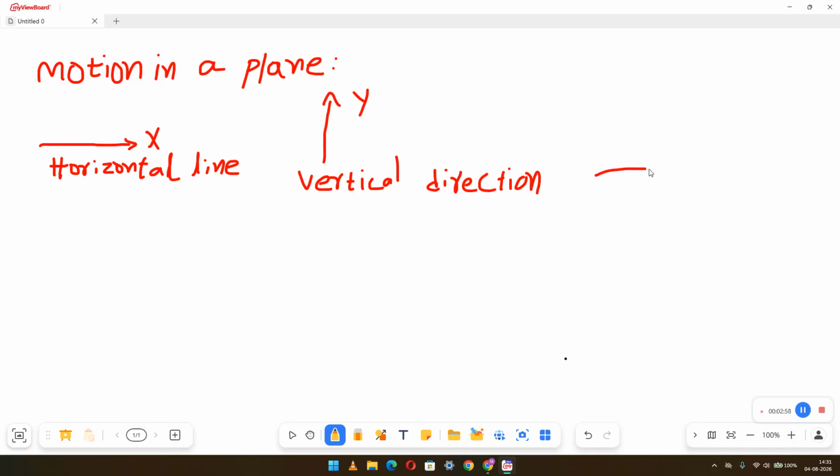So, the horizontal direction we call x. Vertical direction, we call y. This is the x, y plane.